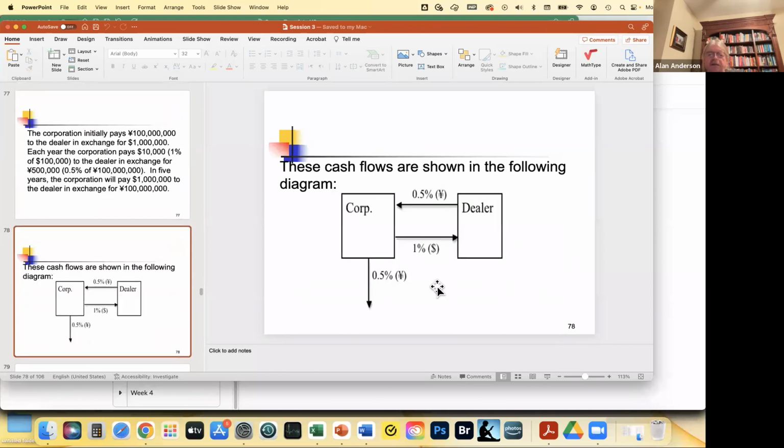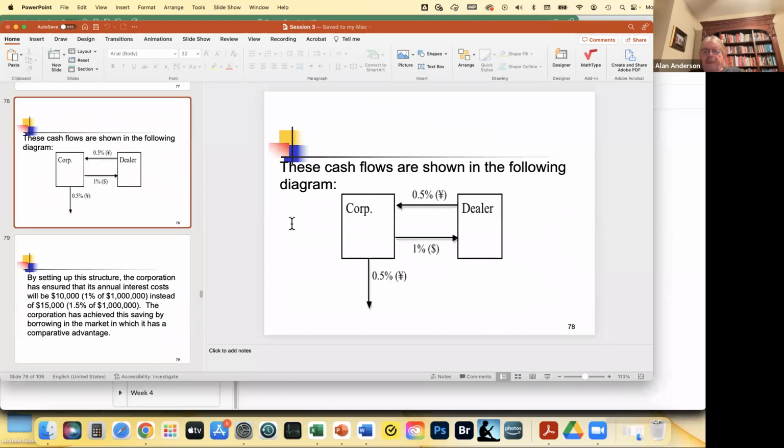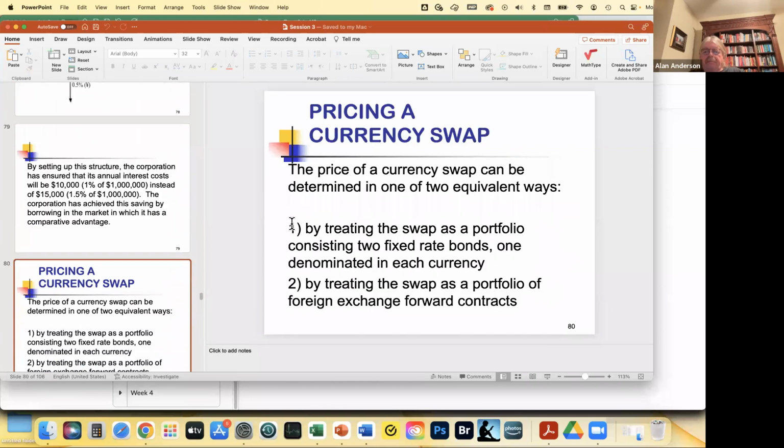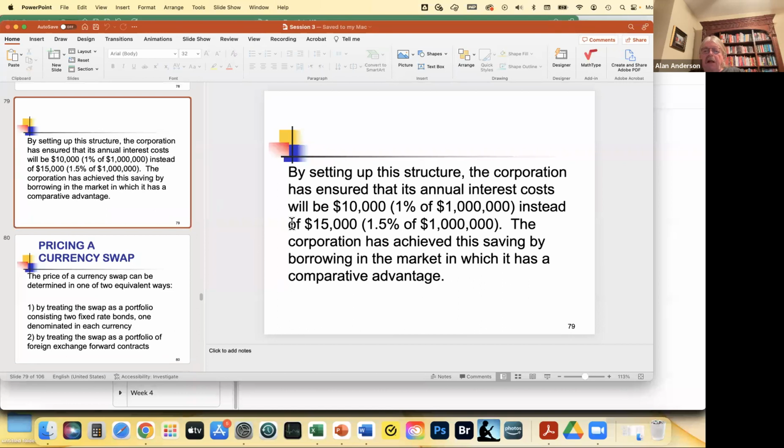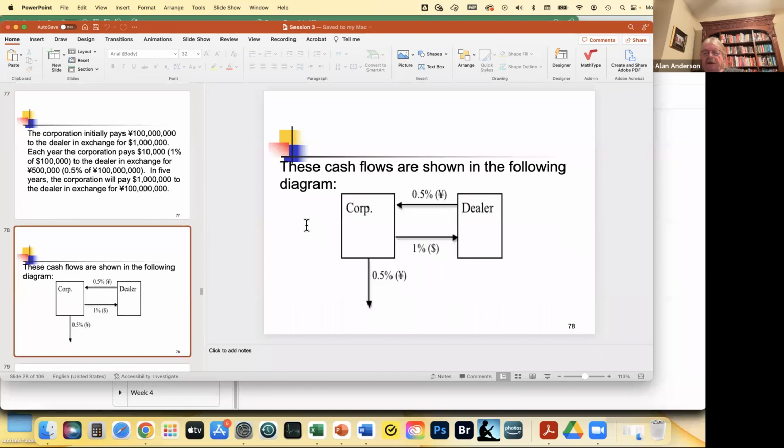So here's the diagram. Now we're assuming that the notional principal is 100 million yen, which is worth $1 million US. That means that the US corporation is paying 1% to the dealer in the swap.